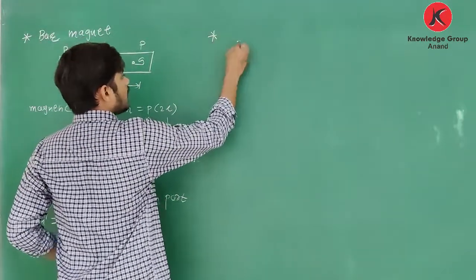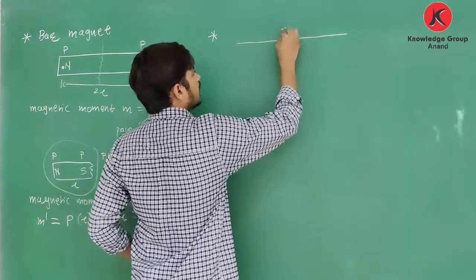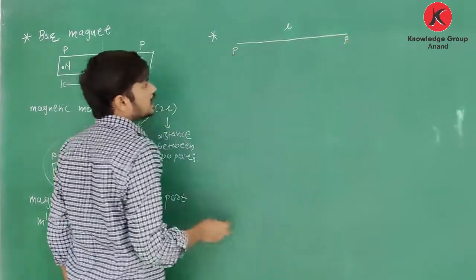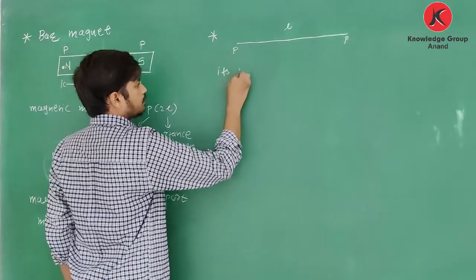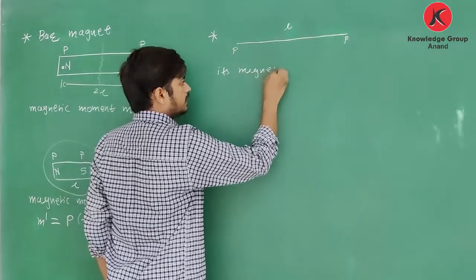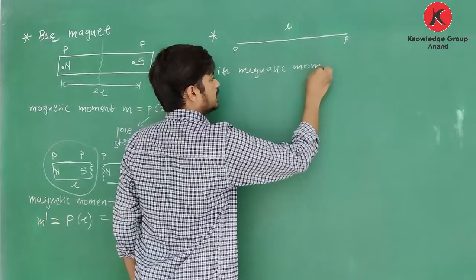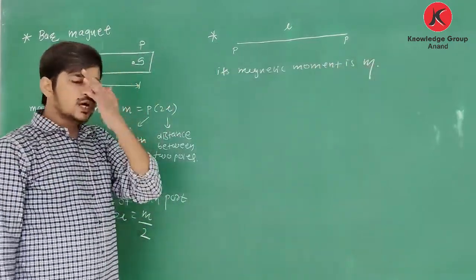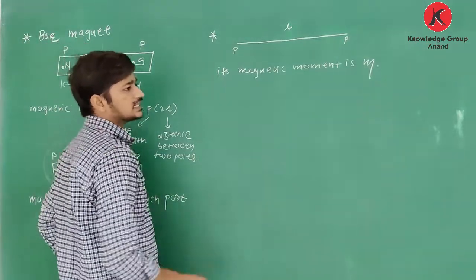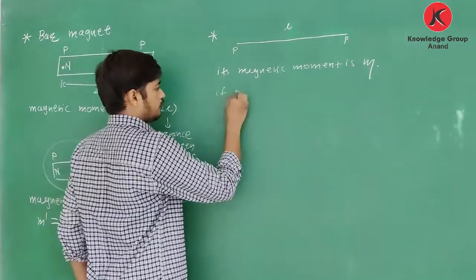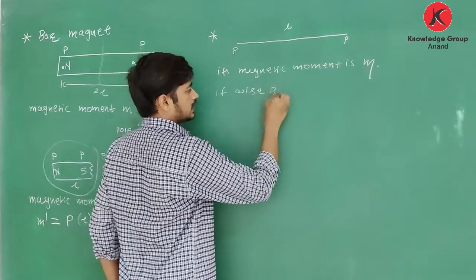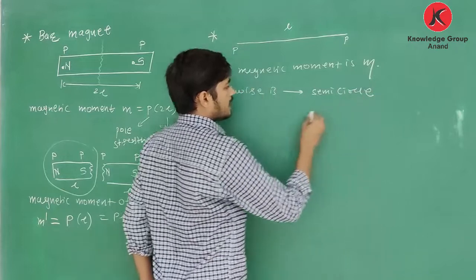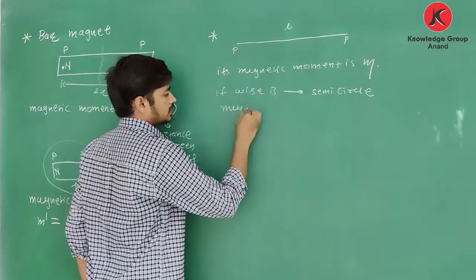Now, one extra question. If I have a wire having length L and pole strength P, then its magnetic moment is M. If this wire is bent in the form of a semicircle, then what is the magnetic moment?